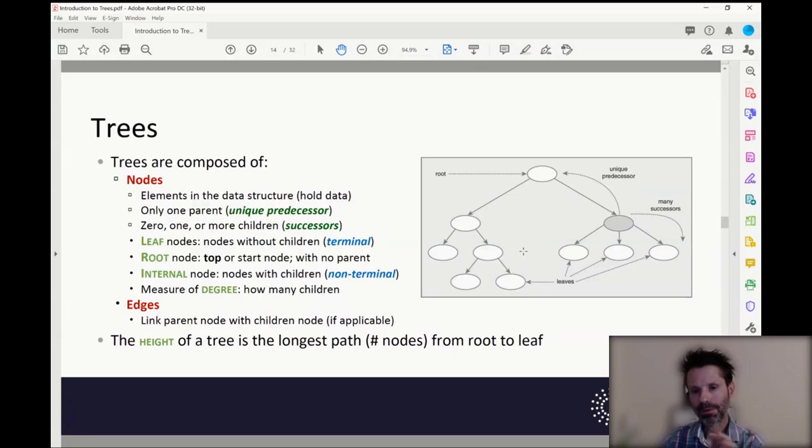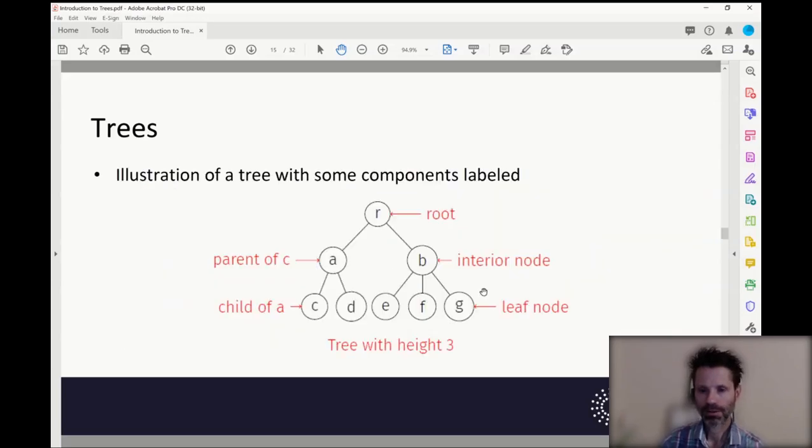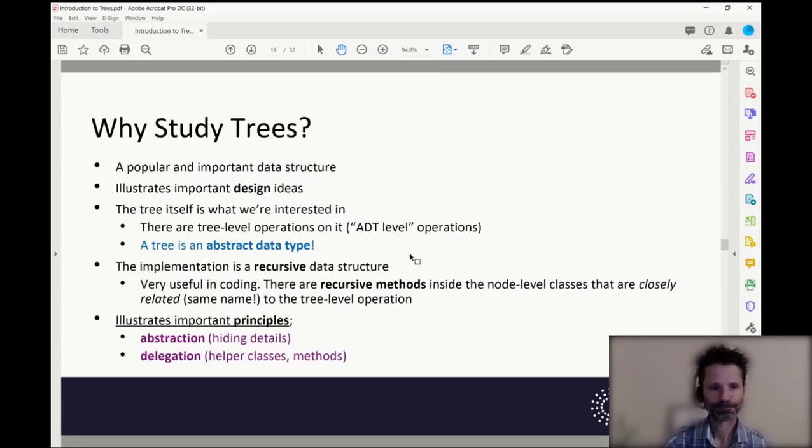We see that the maximum length path from a root node to a leaf node is going to be 3, 1, 2, 3, if we're counting the nodes. So the height of this tree would be 3 if we're counting the nodes, and the height of this tree would be 2 if we're counting the edges. All right, just to clarify.